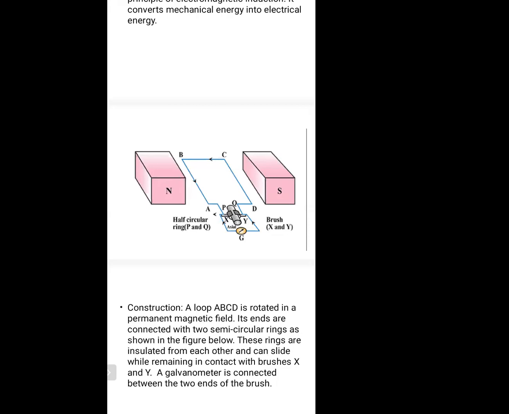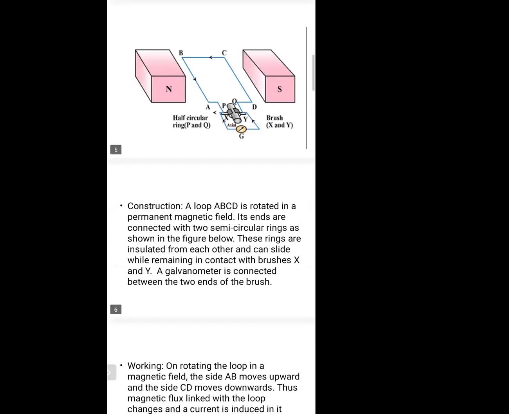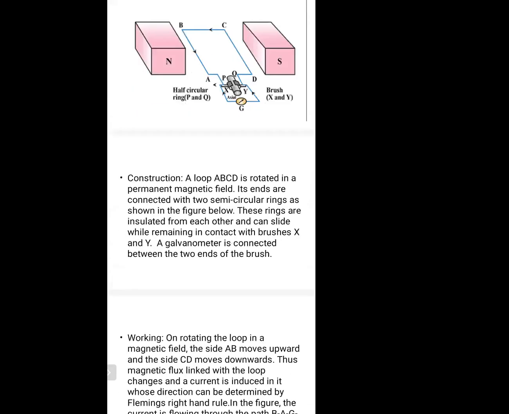I have already shared a video. I was doubtful that the network might get interrupted. We will check the video after the explanation of the generator. You can see the construction, a rectangular loop ABCD rotated in a permanent magnetic field.